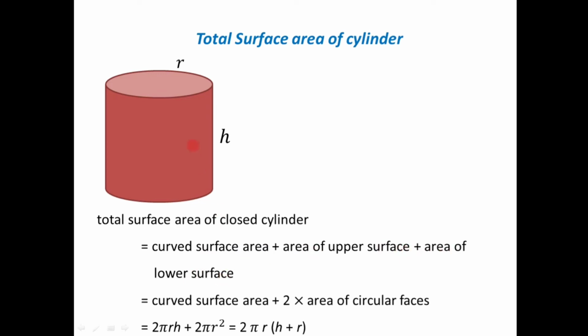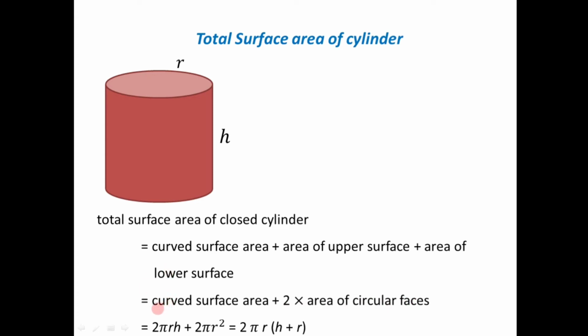And we know that both the surfaces, upper and lower, are circular surfaces. So we have here curved surface area as it is plus two circular bases which are equal. That's why we have written here 2 into area of circular faces.